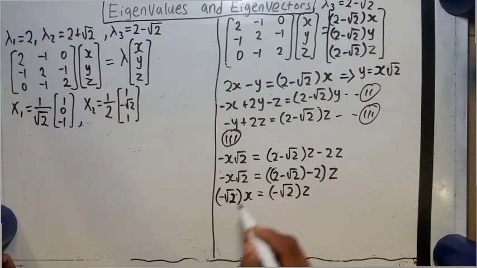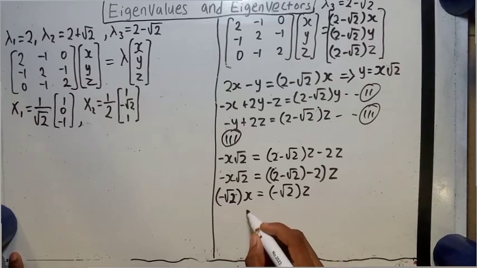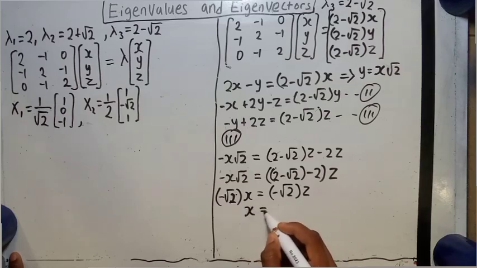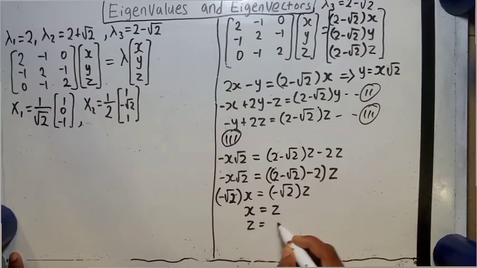These two are the same thing. You get? Okay, now dividing both sides by root 2, and by minus root 2, we then have that what? Our x is equal to what? z, or better still, our z is equal to our x.